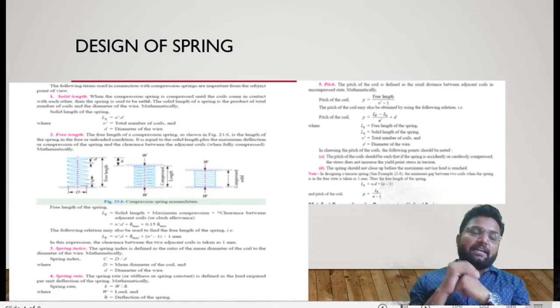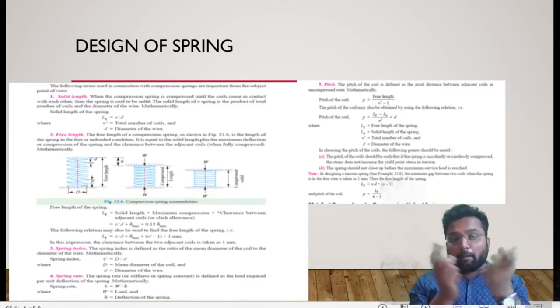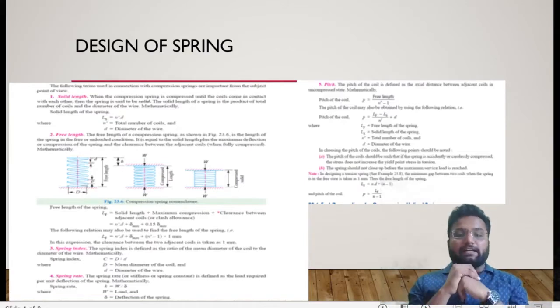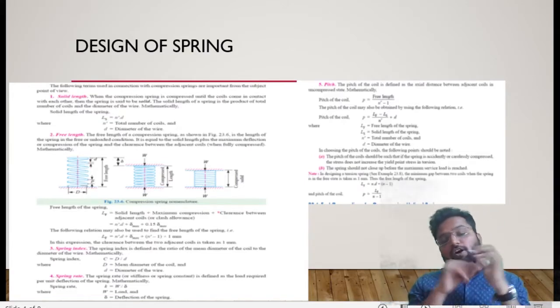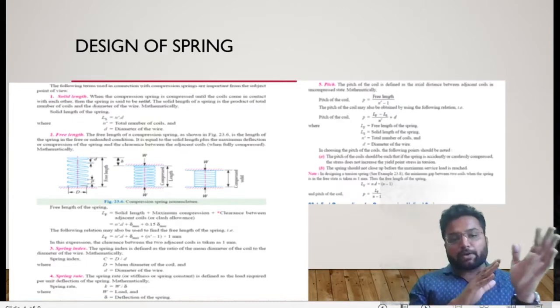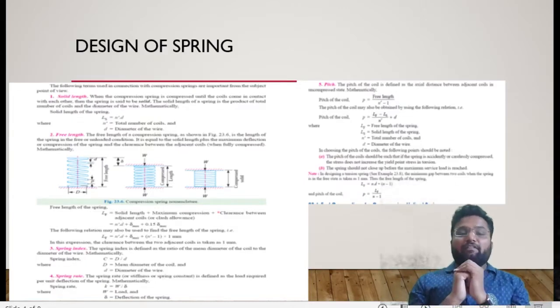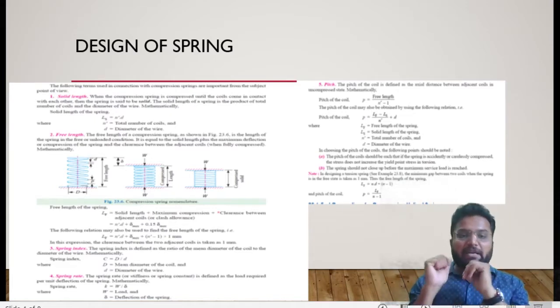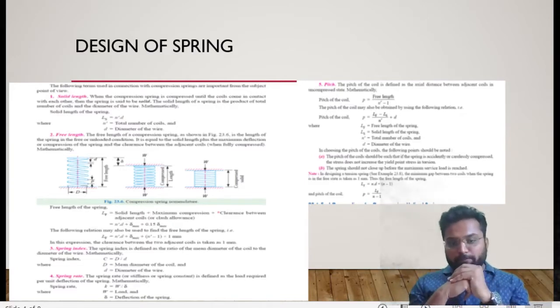Spring index is nothing but the ratio of the mean diameter of the spring to the diameter of the wire. Once again, spring index is the ratio of mean diameter of spring to the diameter of the wire, represented by capital C, which is capital D by small d, where capital D is the mean diameter of the spring and small d is the wire diameter of the spring. I hope you got this idea.